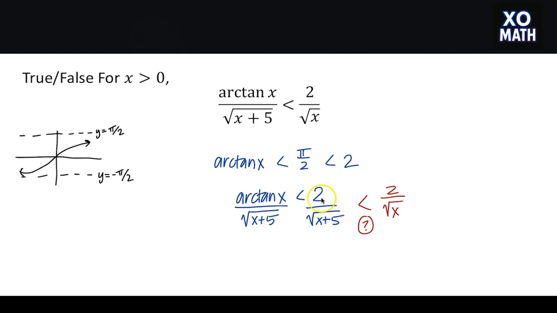If a set of fractions has the same numerator, but one has a bigger denominator, that's an overall smaller number. I'm taking 2 out of more, so that's going to end up being a smaller piece.